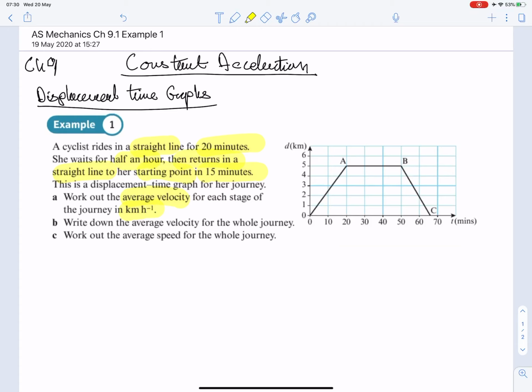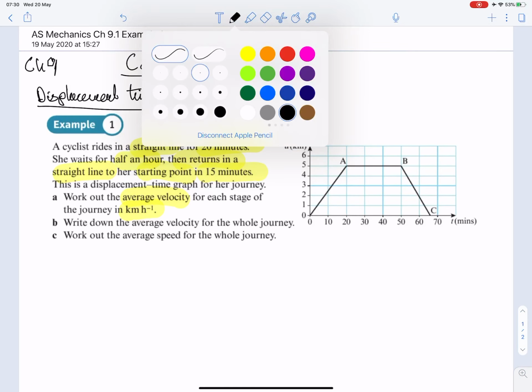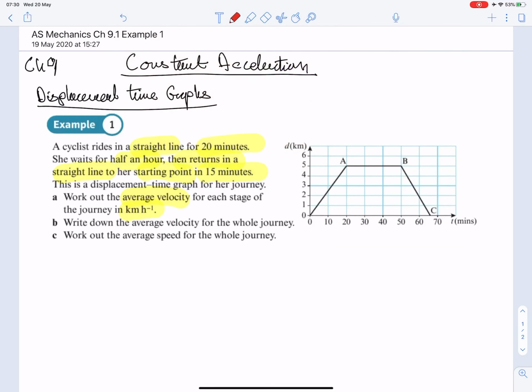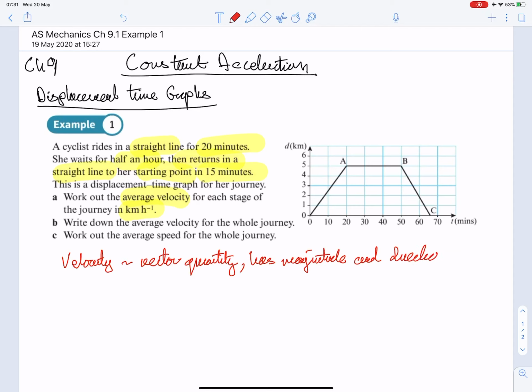Okay, so first thing we need to do is make sure we've understood what the word average velocity means. Velocity is what we call a vector quantity, and it has magnitude and direction.